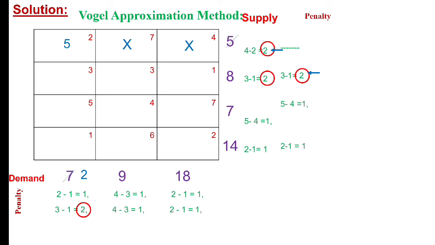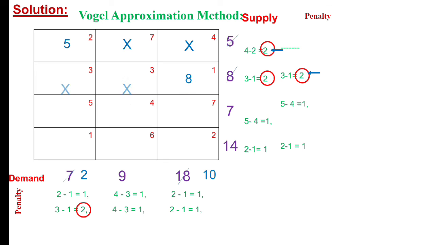In this third column, what is the minimum value? 2. How much can I allocate? 14 and 10, so only 10 will be allocated. The remaining 4 will be returned. The third column will be completely over, so it will be cancelled.